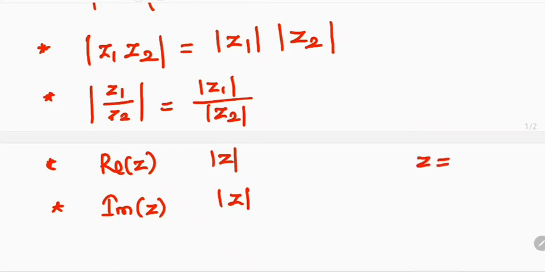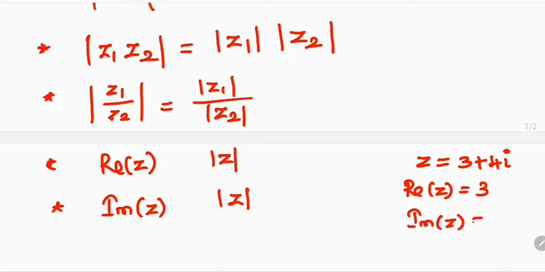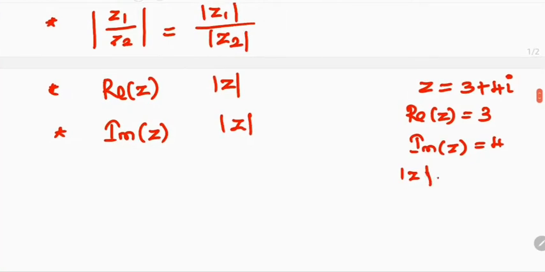Z is equal to 3 plus 4i. So what is the real part of z? Real part of z is equal to 3. What is the imaginary part of z? That is 4. You know very well. Now just find out modulus of z. What is modulus of z? It is nothing but square root of 3 squared is 9 plus 4 squared is 16.